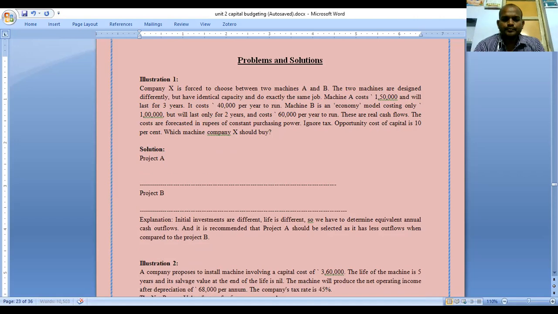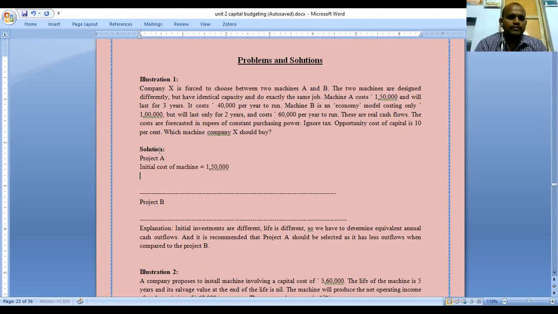Project A. So, what are the exact costs involved in project A? Initial cost of the mission is 1,50,000. And then what is the additional cost? We have to convert it into present value.